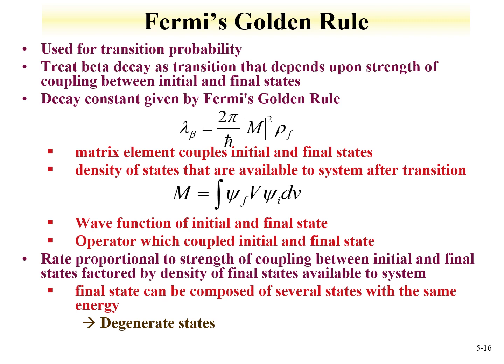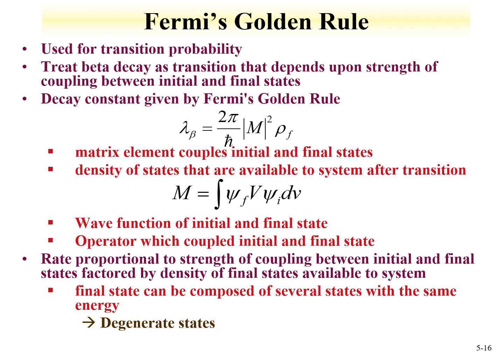Now, as we described earlier, all these models can be used to evaluate a transition probability, and this is called Fermi's golden rule. So we can treat the beta decay as a transition that depends upon the strength of coupling between the initial and final states. If that strength of coupling is high, the transition probability is high.